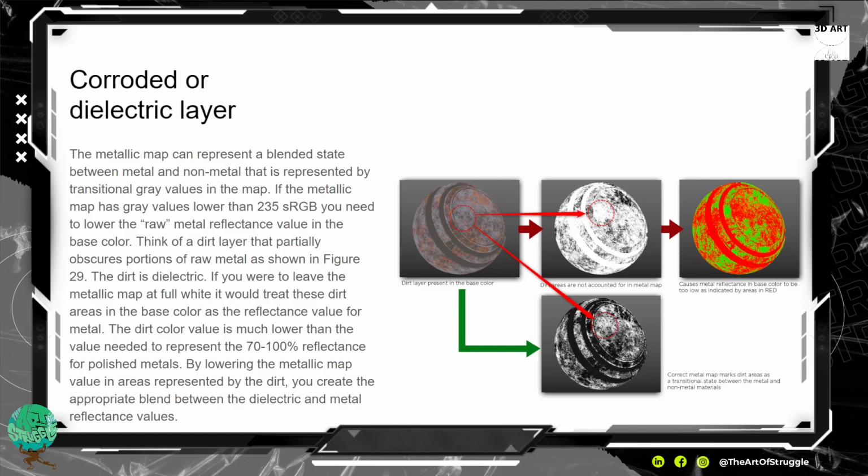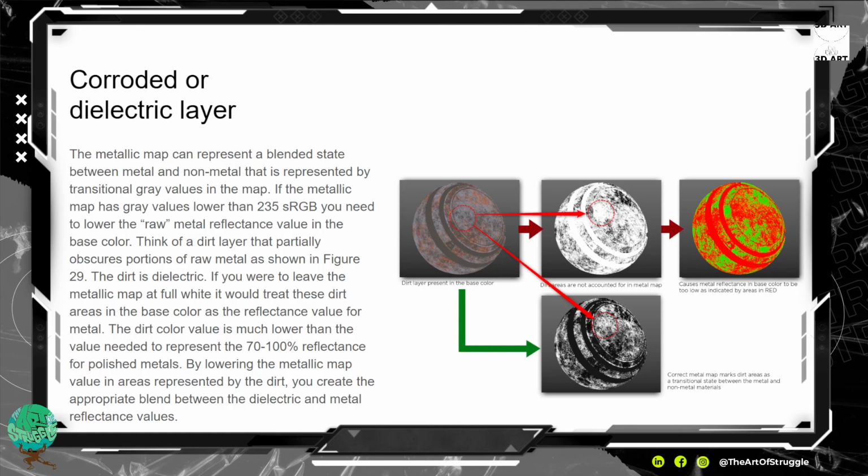Think of a dirt layer that is partially obscuring portions of raw metal, as shown here. The dirt is dielectric. So if you were to leave the metallic map at full white, it would treat the dirt areas in the base color as the reflectance value for metal. It would make the dirt metal.